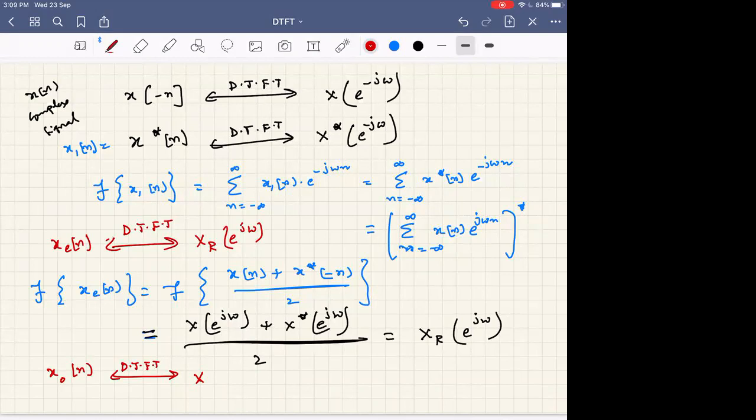What is that? The odd part of the Fourier transform is what? J into the imaginary part of x of e power j omega. J into will come. So we will write in the next space.